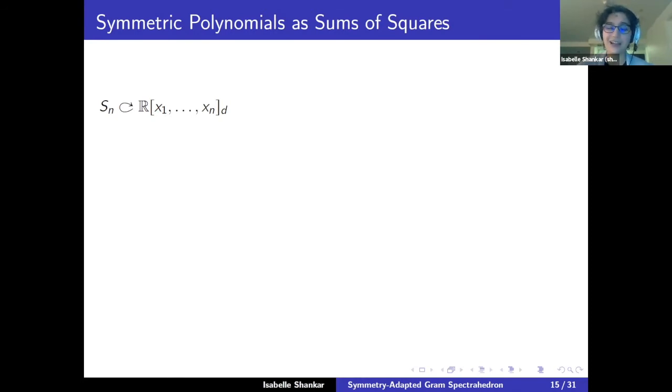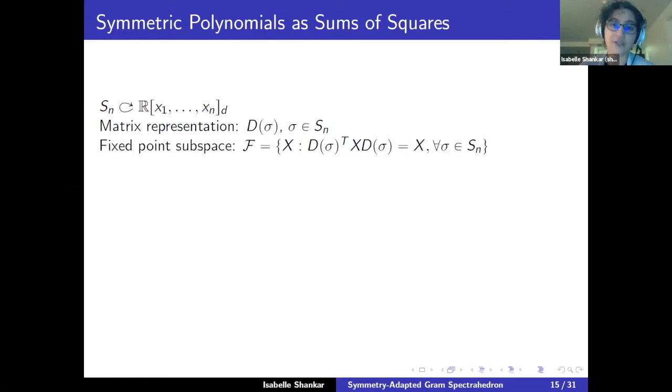Again, I started with a degree 2d polynomial, but the monomial vector has all degree d monomials in it. So we're really interested in S_n acting on that space. That has a matrix representation, which I'm going to call D sigma, which induces an action on the space of symmetric matrices by conjugation.